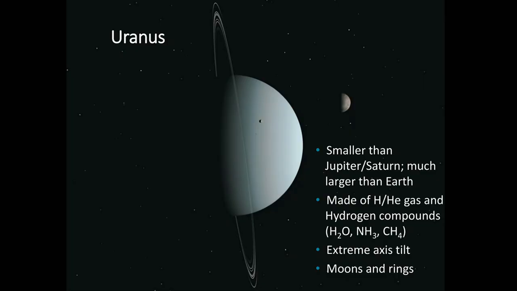Like we said before, it has an extreme axial tilt, so if you imagine a normal planet should have 0 degrees axial tilt, the Earth has 23 degrees, and Uranus almost has a 90-degree axial tilt. And it has lots of icy moons, and it does also have a ring system.